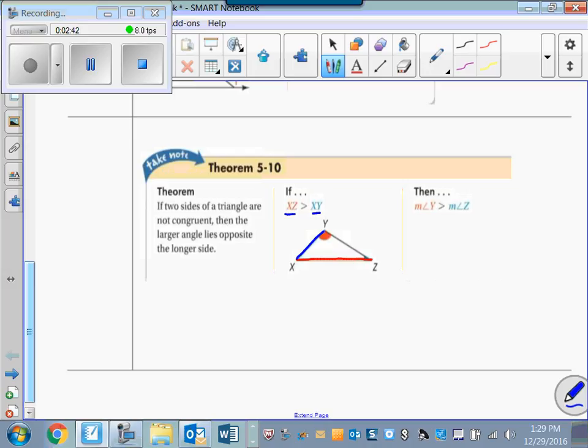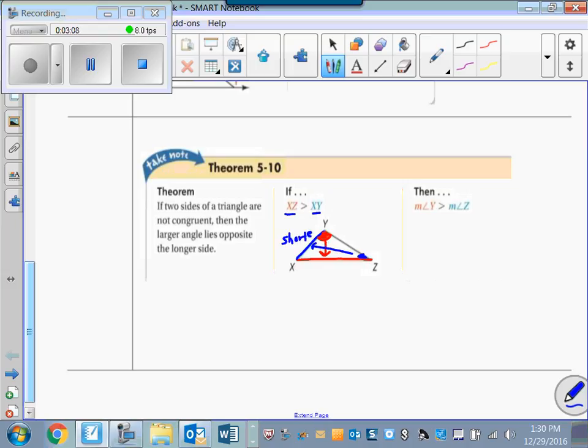So those two angles that aren't included between those two sides, I know the larger one, which is this one, I'm going to do it with red, this is the larger one, has to be across from the longer side. And then I know that the measure of angle Z is less than the measure of angle Y because it's across from the shorter side.